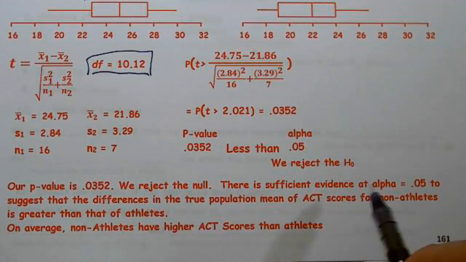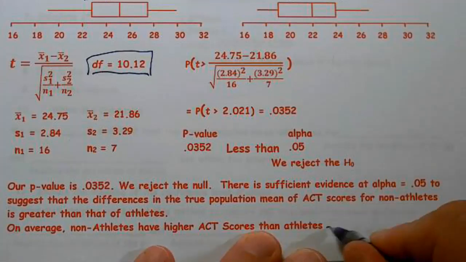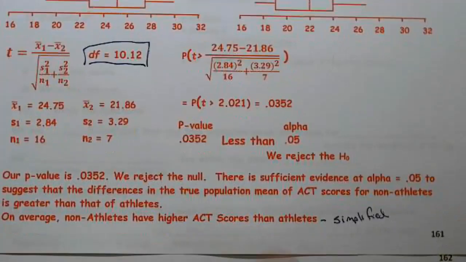There's sufficient evidence at alpha equal 0.05 to suggest that the difference in the true population mean of ACT scores for non-athletes is greater than that of athletes. On average, non-athletes have a higher ACT score than athletes. And this is the simplified, and I always want you to start doing this. From this point on, always give a simplified conclusion.